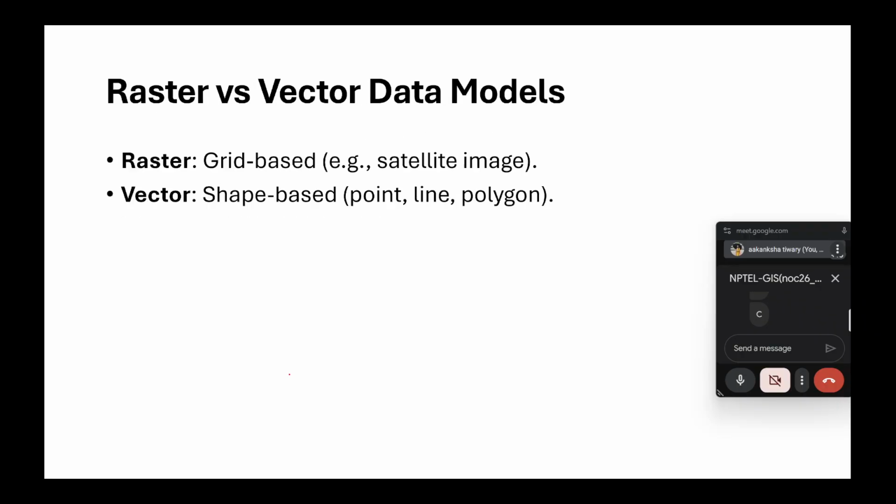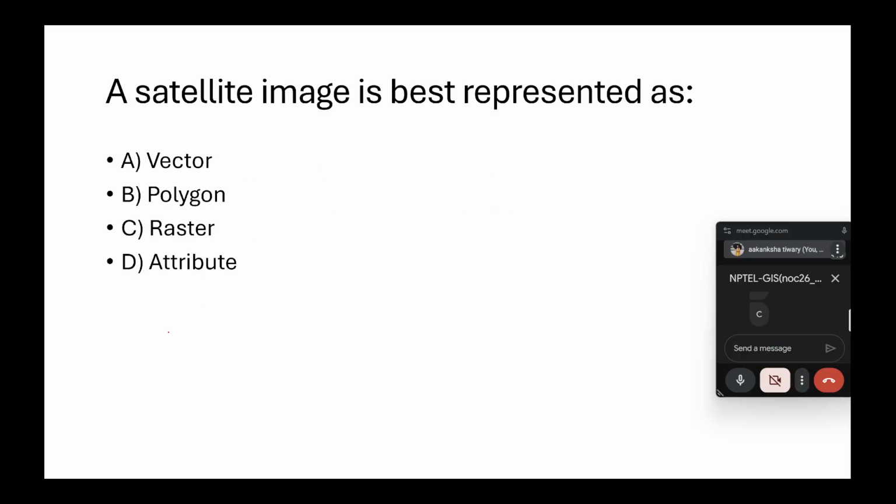Okay. Now raster and vector we already know. Raster is grid based. Continuous data are going to be represented by raster, and vector is shape based, like point, line and polygon, all are vector data sets. So now you have to tell me, satellite image is best represented as what?